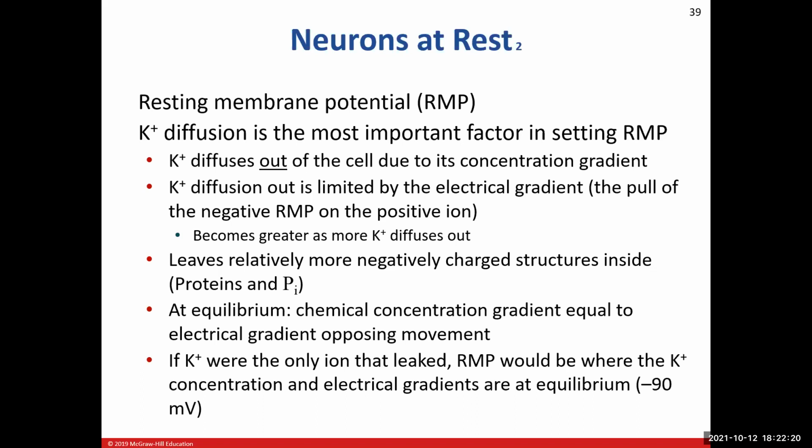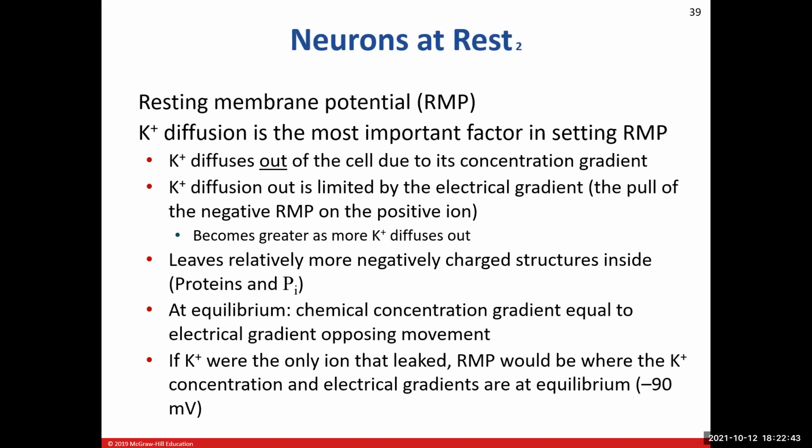So what causes potassium to leak out? It goes from an area of high concentration to low concentration, so it moves out of the cell. As long as that concentration gradient is present, it'll move. If it reaches equilibrium, where there's just as much potassium outside the cell as inside the cell, it's not going to move. But now let's not forget, potassium is a positively charged ion.